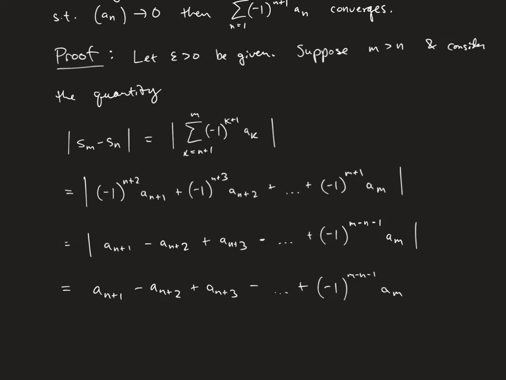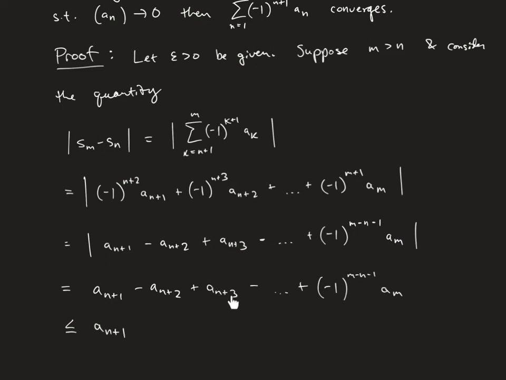The basic point here is that now I want to say that this is less than or equal to a_(n+1). Again, that's by induction: when you subtract off a_(n+2), that's less than or equal to a_(n+1).